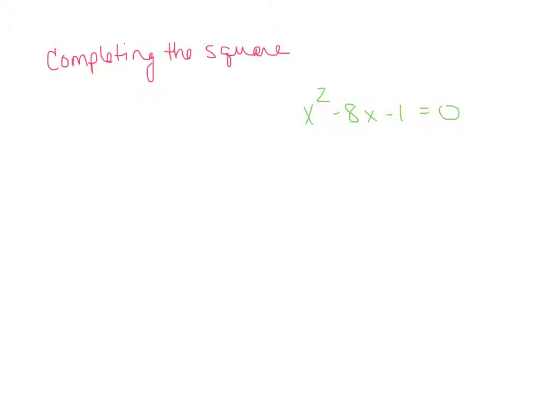The purpose behind completing the square is you want to make a perfect square trinomial. Because when you have a perfect square trinomial, a squared plus 2ab plus b squared, when you factor this, you get one binomial squared.